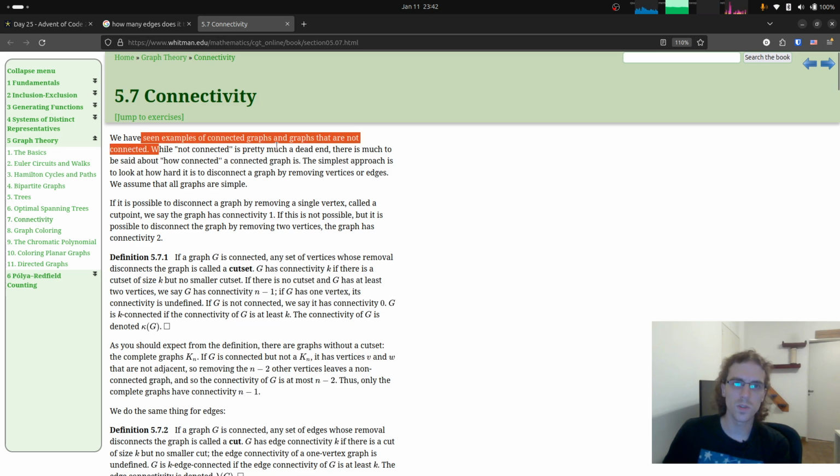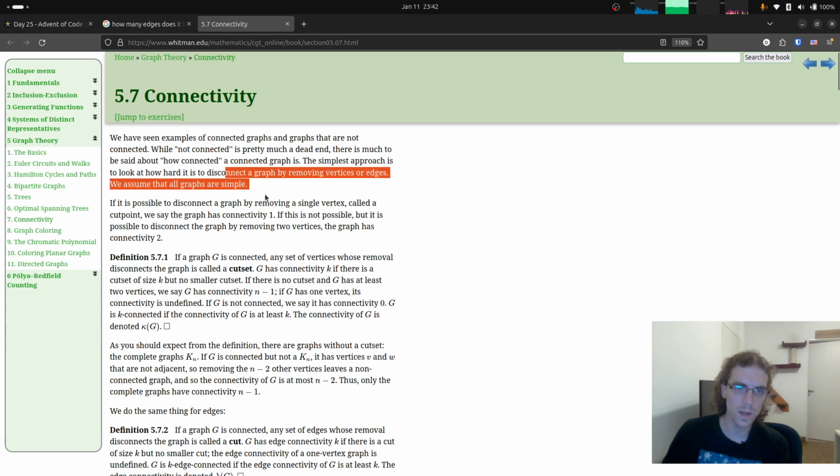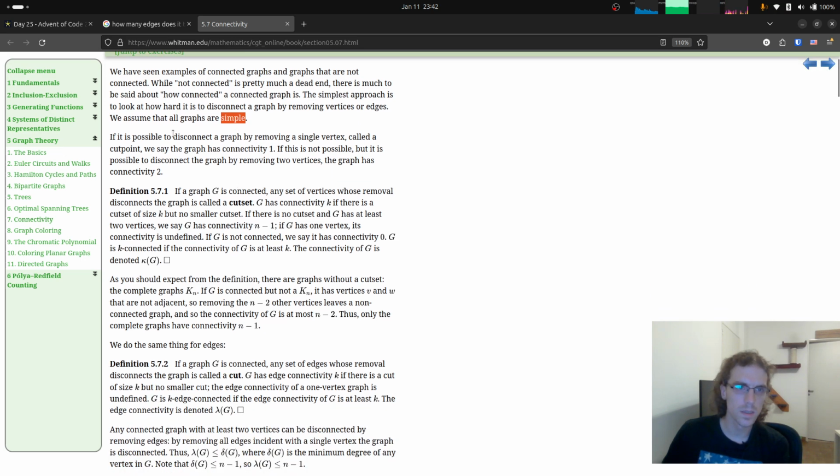While not connected is pretty much a dead end, there is much to be said about how connected a graph is. The simpler approach is to look at how hard it is to disconnect a graph by removing vertices or edges. We assume that all graphs are simple. I don't know what is simple, but whatever.